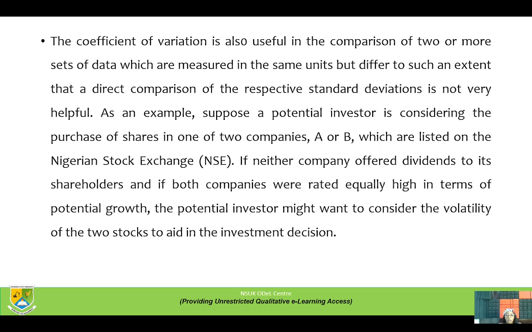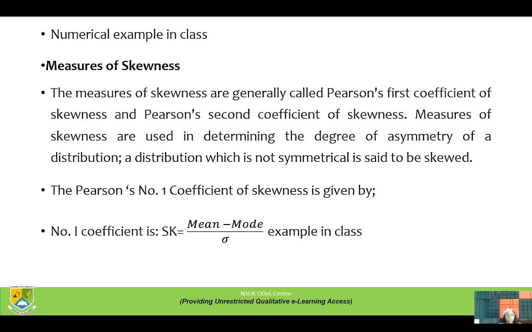If neither company offered dividends to its shareholders and if both companies were rated equally high in terms of potential growth, the potential investor might want to consider the volatility of the two stocks to aid in the investment decision. We will see more numerical examples in class.